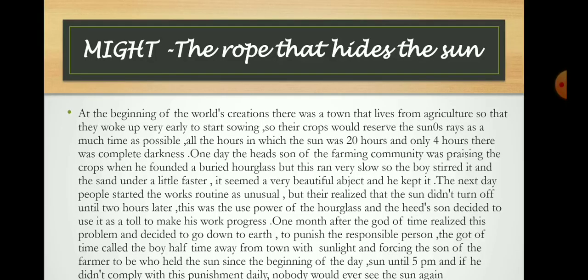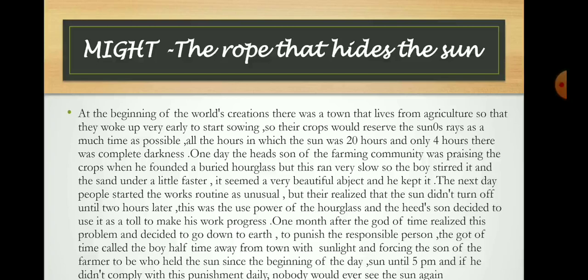So, another type of literature is the myth. This myth I invented is about why the sun disappears at 5 p.m. The rope that hits the sun.